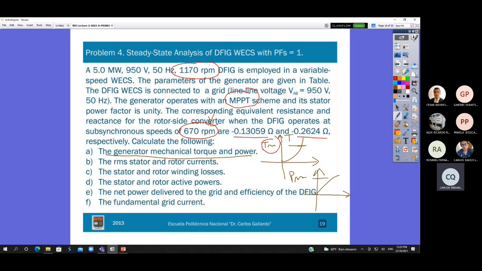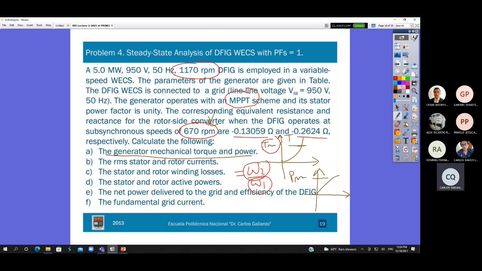For that I will use the ratio of the speed. It means I need to compute the ratio of speed 2 over speed 1. Speed 1 is the rated speed and speed 2 is the subsynchronous speed.